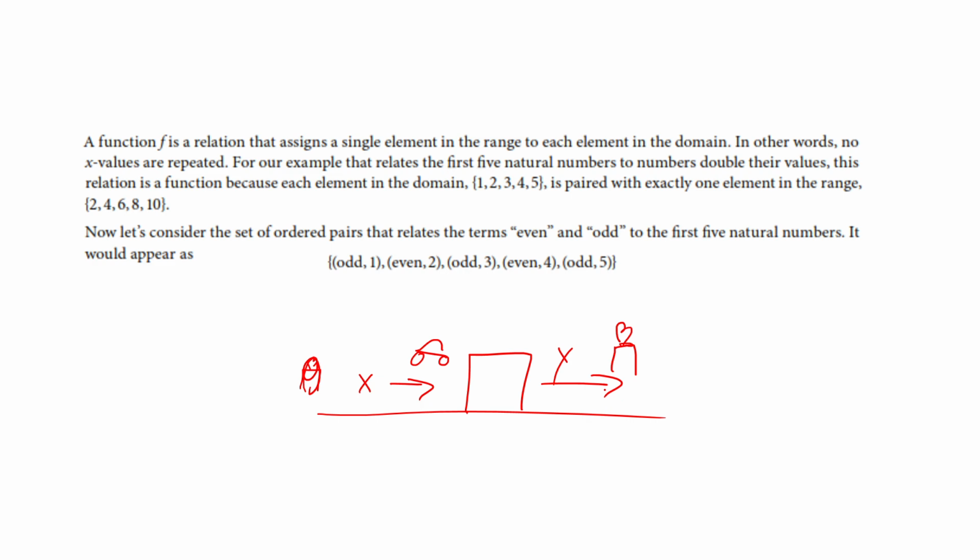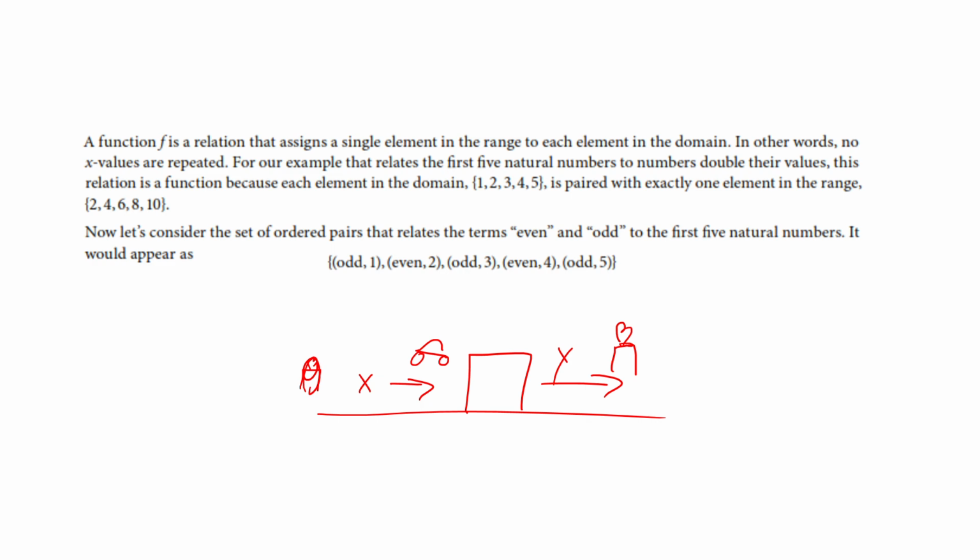Now, a functional machine is one in which you put something into the machine and out the other side you get a single gift, one gift. It would not be a very functional machine if you put something into the machine and suddenly two things came out the other side. That would be very odd, very unusual. So mathematicians saw this.